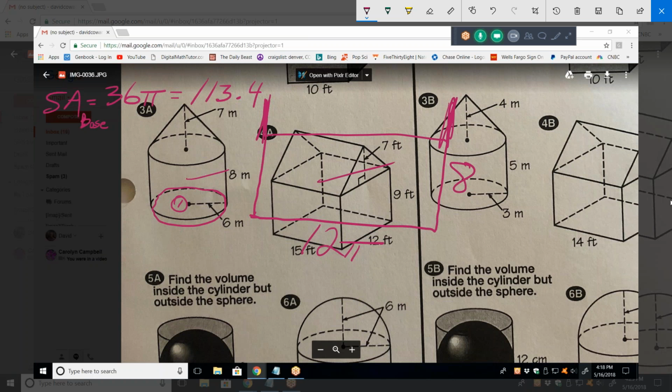And that's 96 pi. So what number is that? 301.44. Okay.